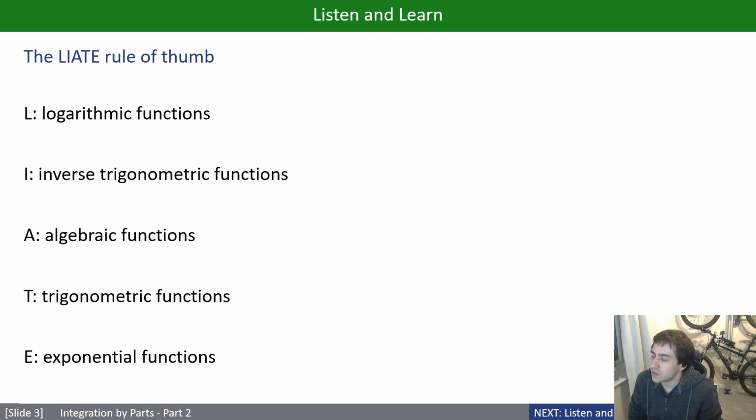I never learned it myself, so I'm giving it to you because it seems like a helpful rule of thumb, and it's been reported as a useful rule of thumb. What this rule is telling you is the order of priority of which function you should be labeling as your u.